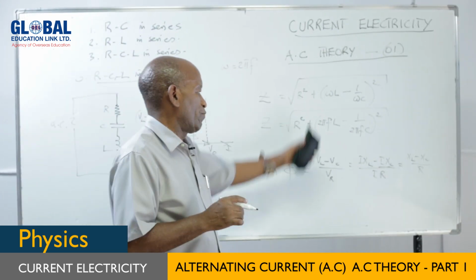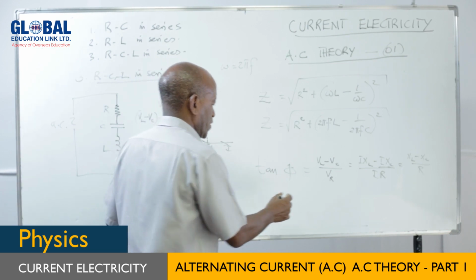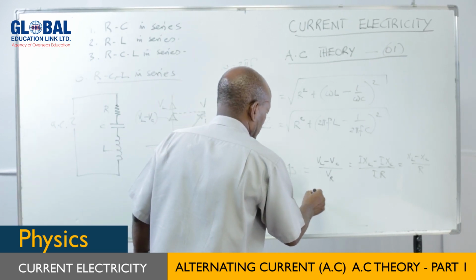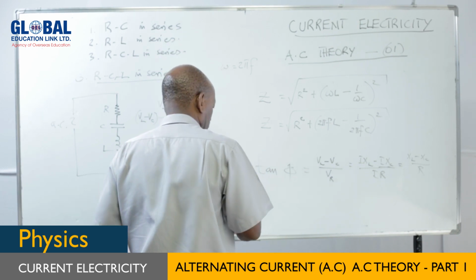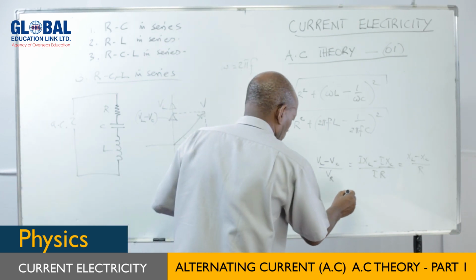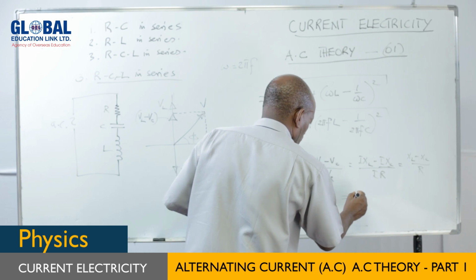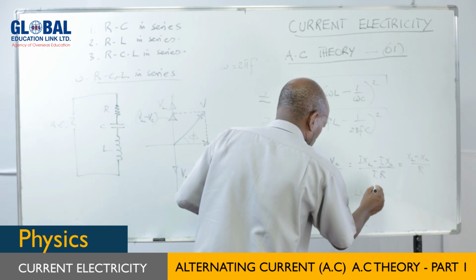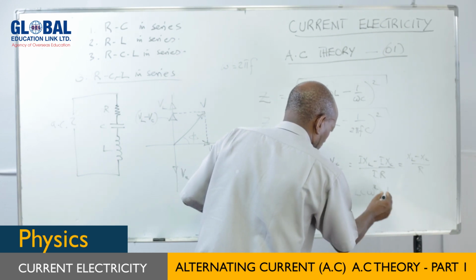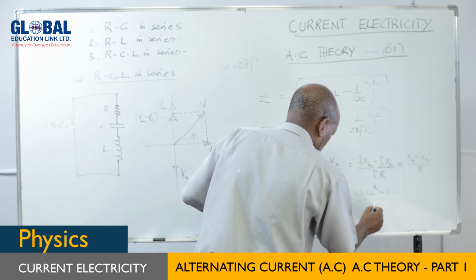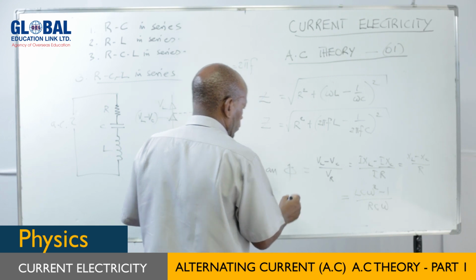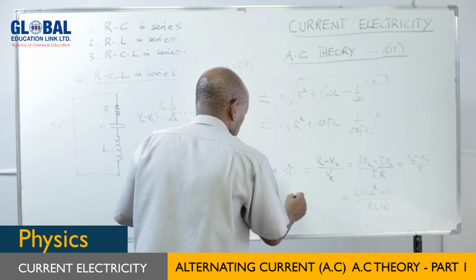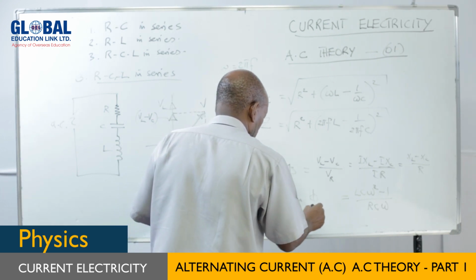If you go about deriving this, you will find that this expression is equal to L C omega squared minus 1 over R C omega. So this will be equal to tan theta, which is tan phi.